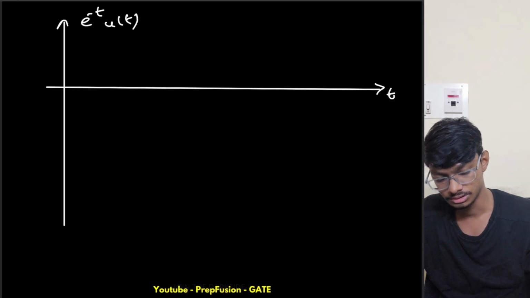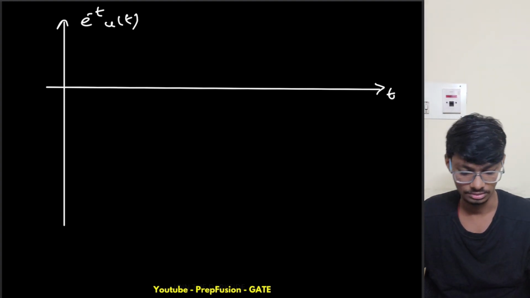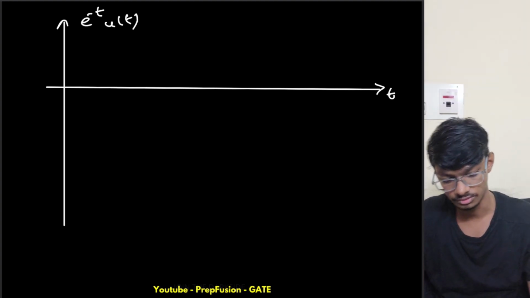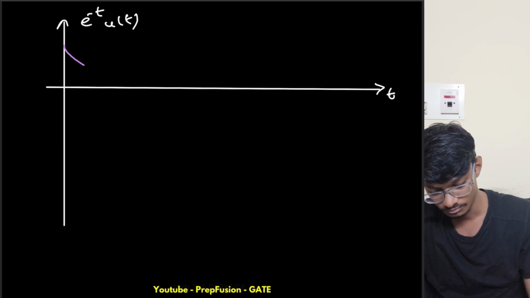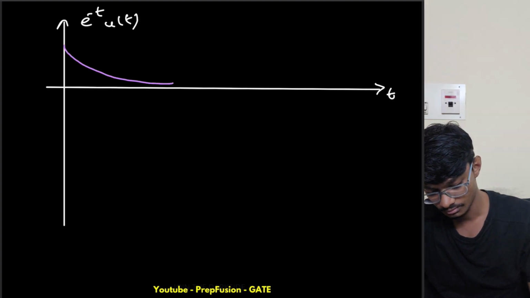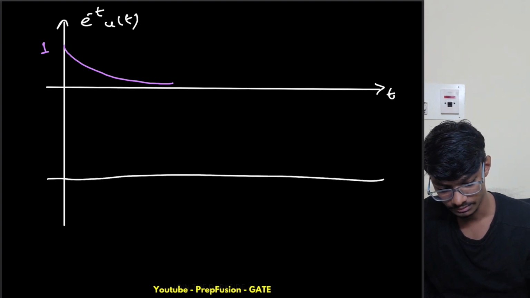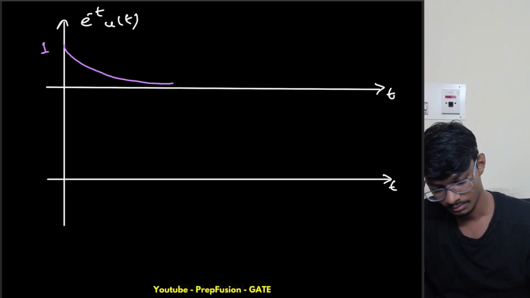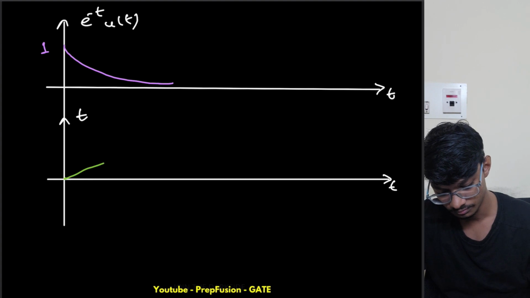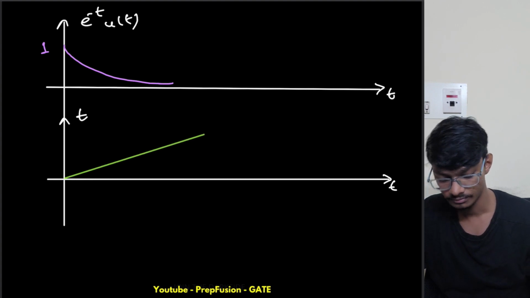This is going from +1 to 0, right? Plus 1 to 0. Okay, and what is this? This is t only. So this is going from 0 to infinity, right?